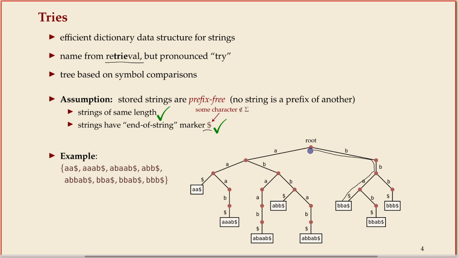We have internal nodes, for example, the root, and they have children which are labeled by characters. So it's not like in binary search trees, left is smaller, right is larger, nothing like that. It's just all the characters in the alphabet can occur on these child edges. And the leaves store the entire string, which is a little redundant, but it's convenient, at least for drawing them here.